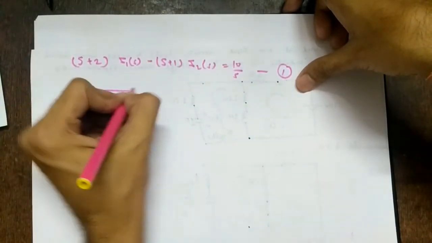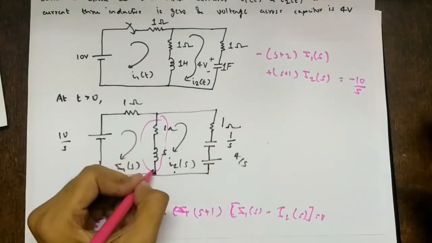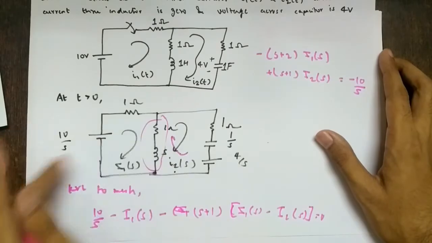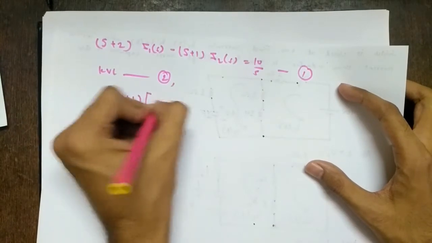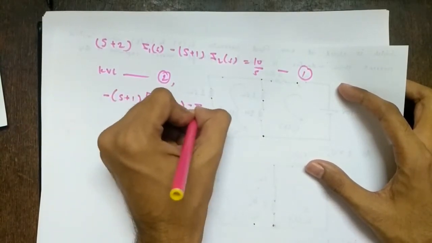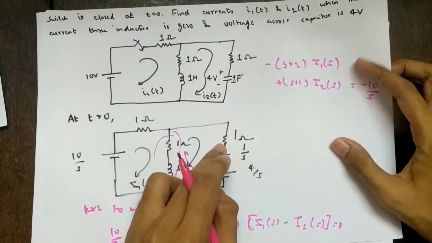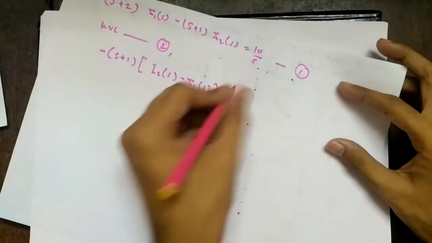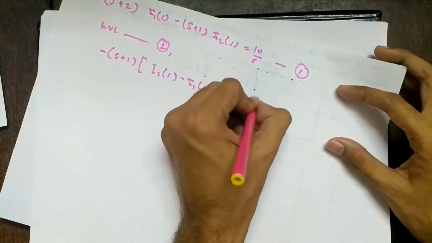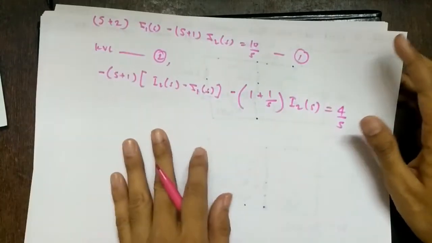Then KVL to mesh 2. I'll start from here. What will you get? Current is going upwards now, so minus of s plus 1 into I2 of s minus I1 of s. Then you come here, minus I2 of s minus 1 by s I2 of s minus 4 by s. So minus of 1 plus 1 by s I2 of s equal to 4 by s. I have skipped one step, right?